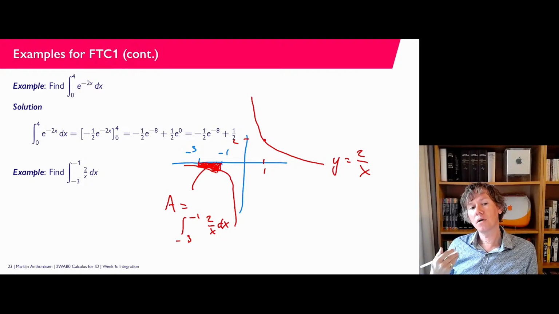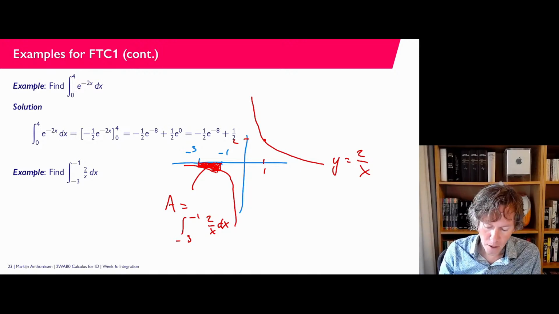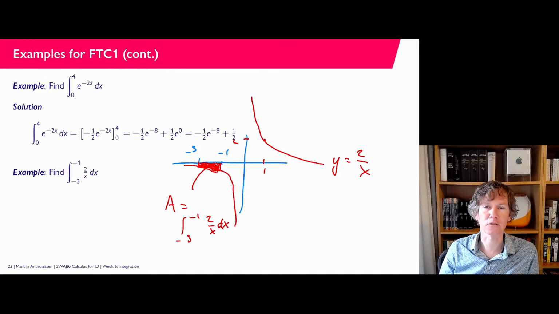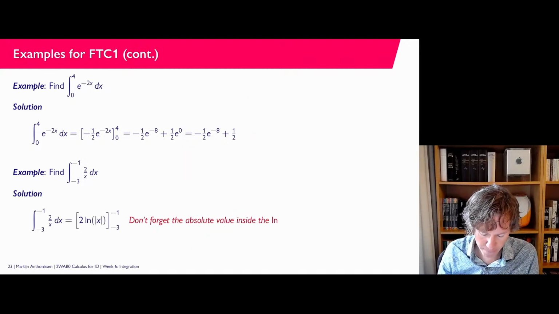Now, a primitive function for 2/x is 2 times the natural logarithm, 2 times ln x. But what you see is that the limits of this integral are negative. So this is why, if you are looking for a primitive function, you should use the ln of the absolute value of x. And that's also in the table of integrals that you will get during the exam.